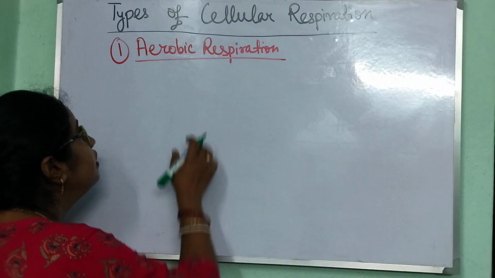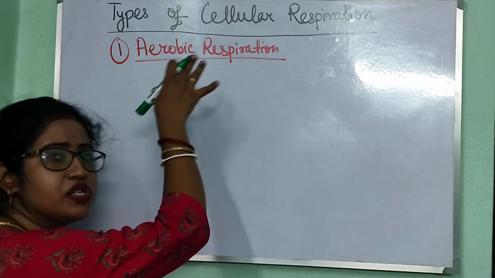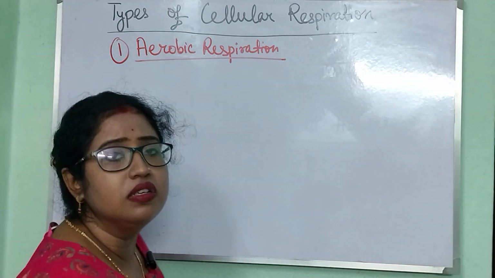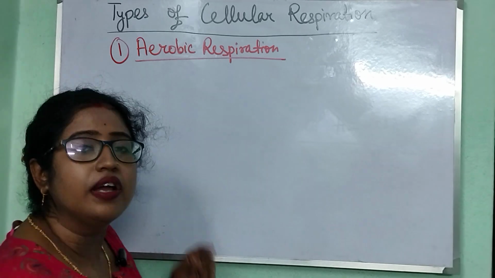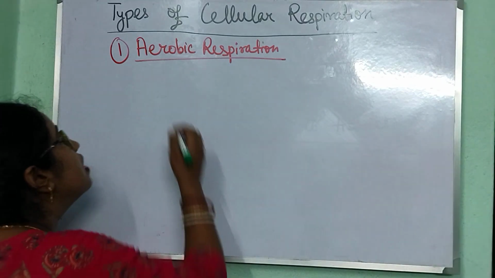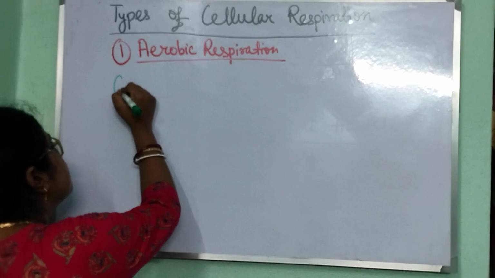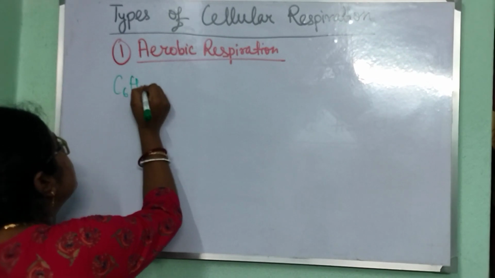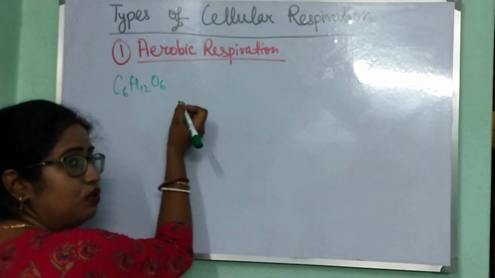If we write down the equation, it is just the same as the equation of respiration that we discussed in previous classes. So the aerobic respiration equation is C6H12O6, which is glucose.